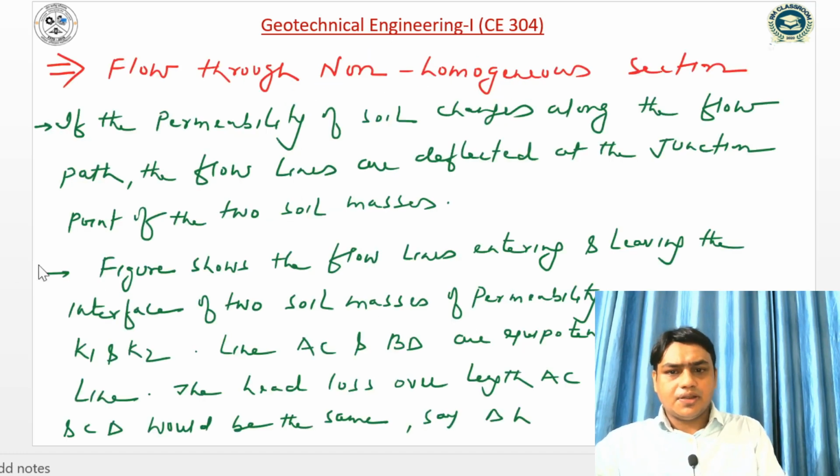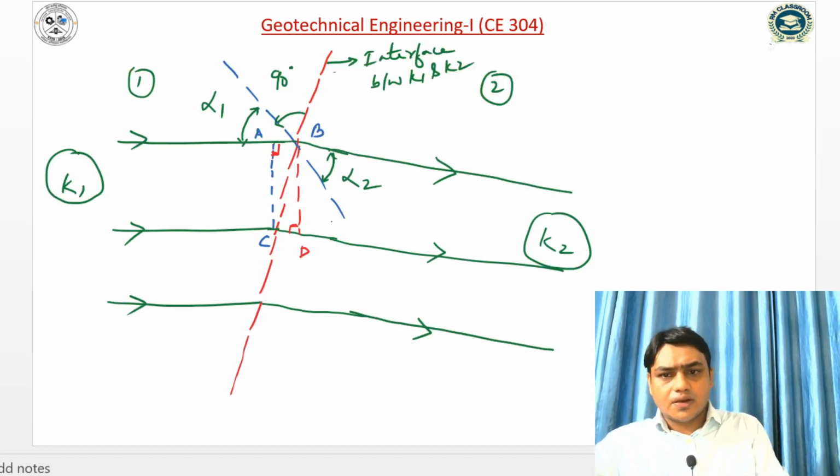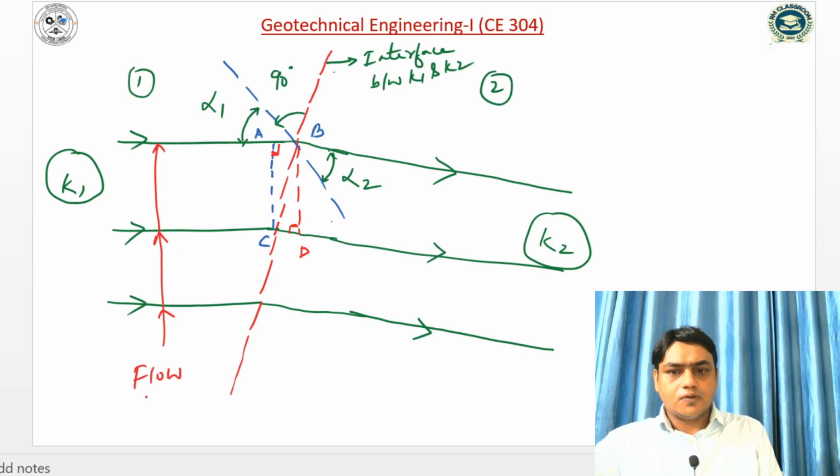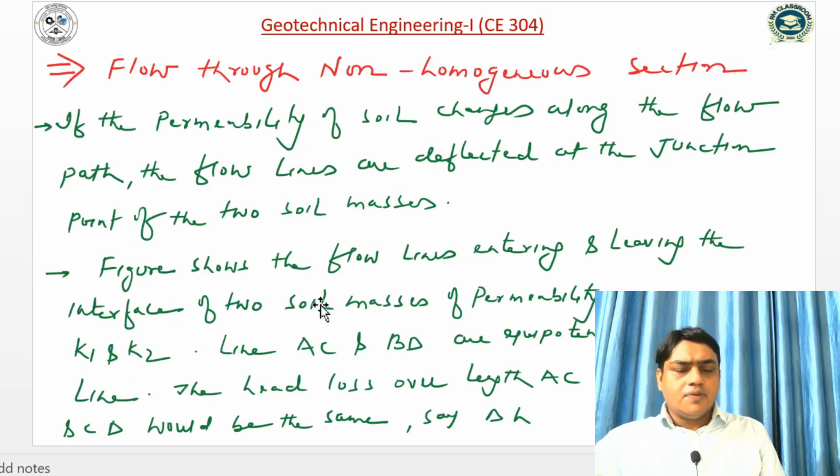Here the figure shows the flow lines and the equipotential line. The flow lines are entering and leaving the interface of two soil masses of permeability K1 and K2. Lines AC and BD are equipotential lines.